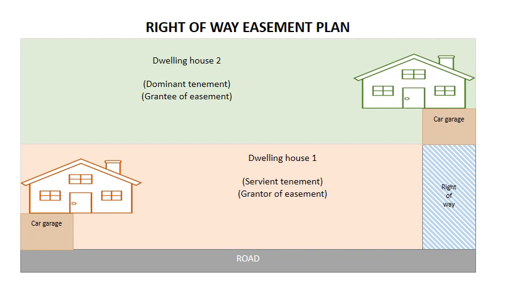So dwelling house 1 has fee simple title under the Land Title Act, as has dwelling house 2. But dwelling house 1 has granted this limited right for the owners of dwelling house 2 to cross their land for the purposes of storage of their car in their garage.